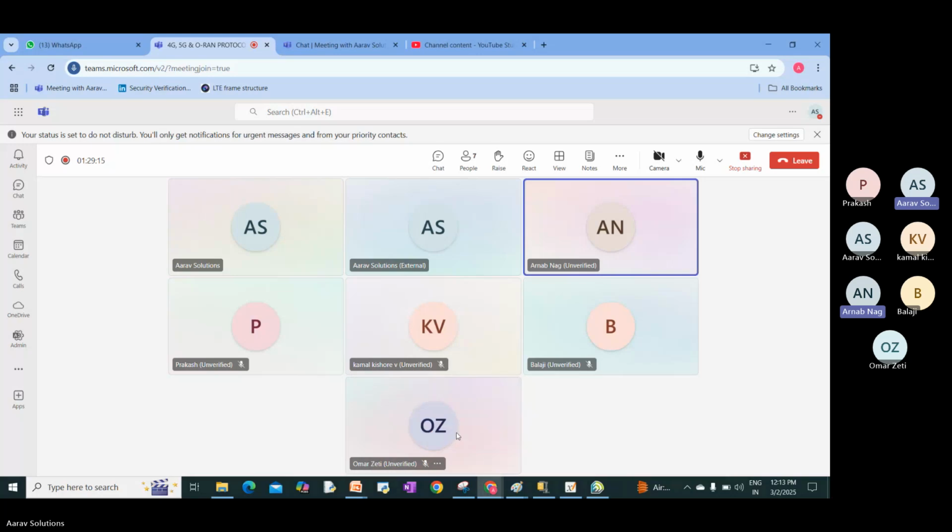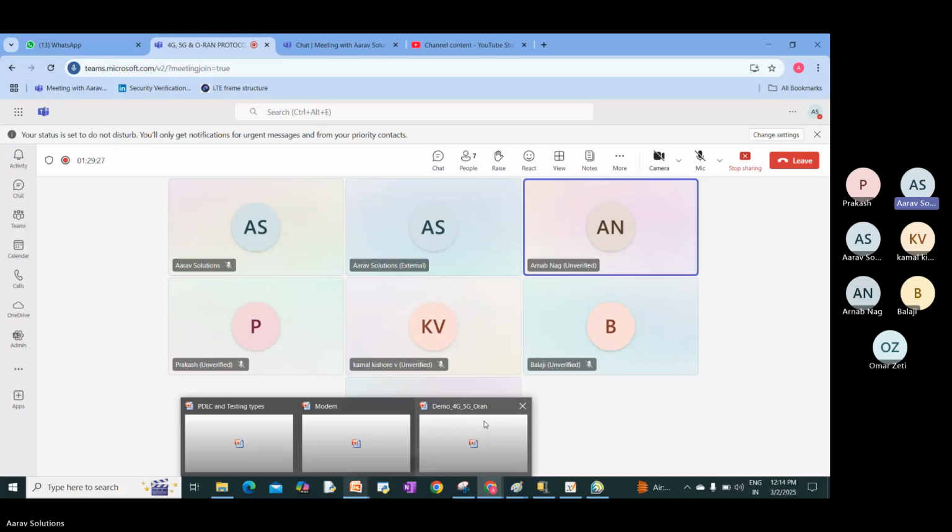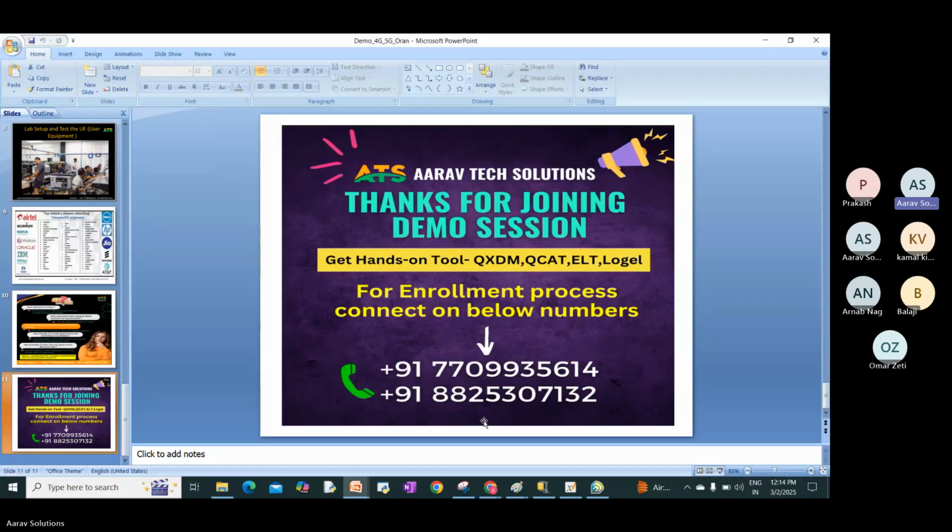If you want to increase your package while working in telecom, you have to go into the R&D domain. So this is the right way, you can choose R&D. Otherwise, mostly in telecom, with 10 years of experience, the package is almost less than 10 LPA.